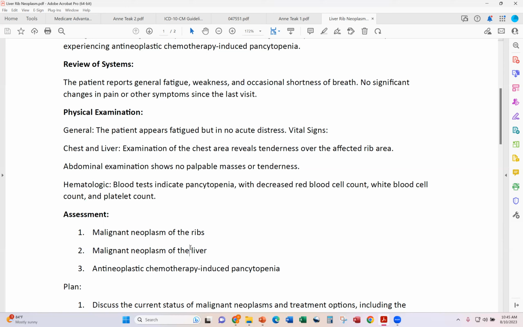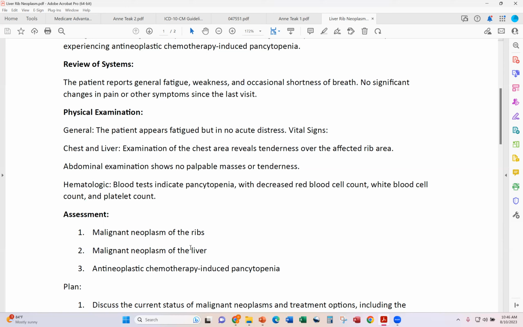You see malignant neoplasm of the ribs and malignant neoplasm of the liver. The question mark goes up in your head: is it primary or secondary? Is there metastasis? And you can't take that to the provider. You can't query the provider.